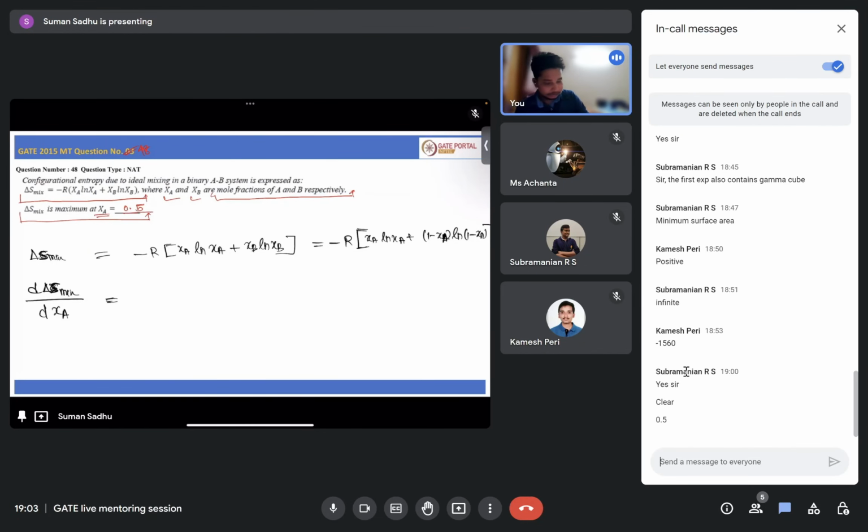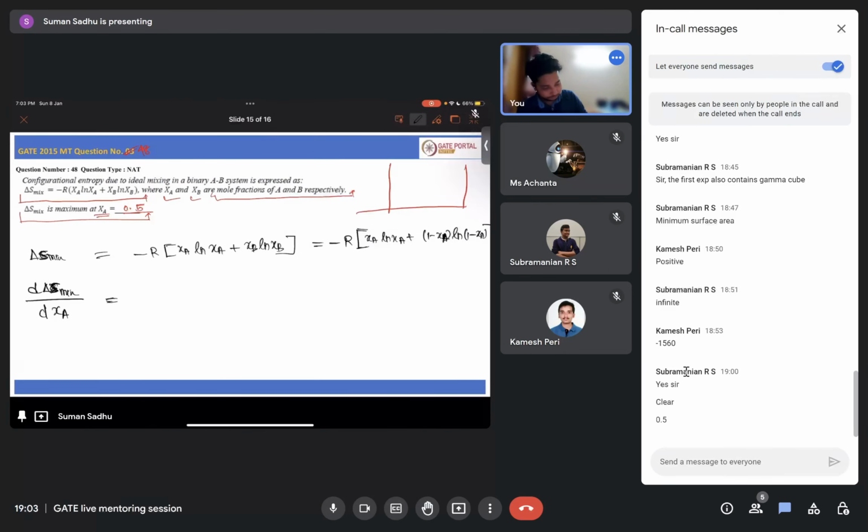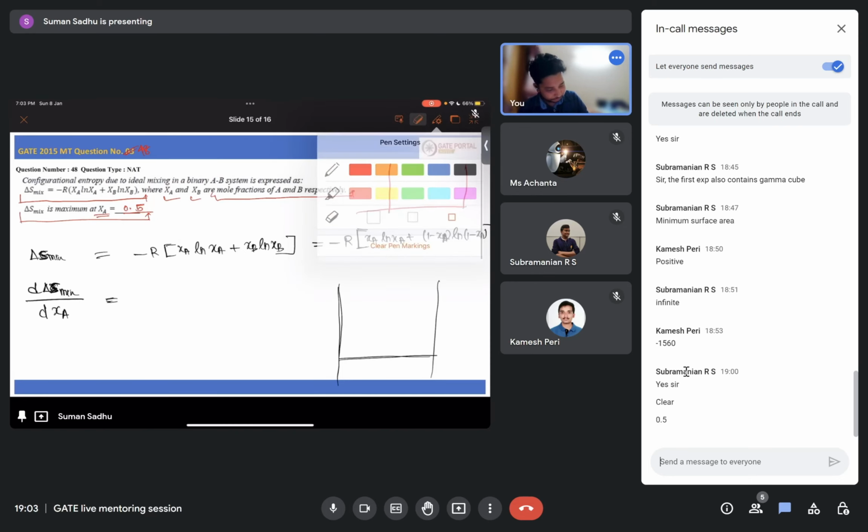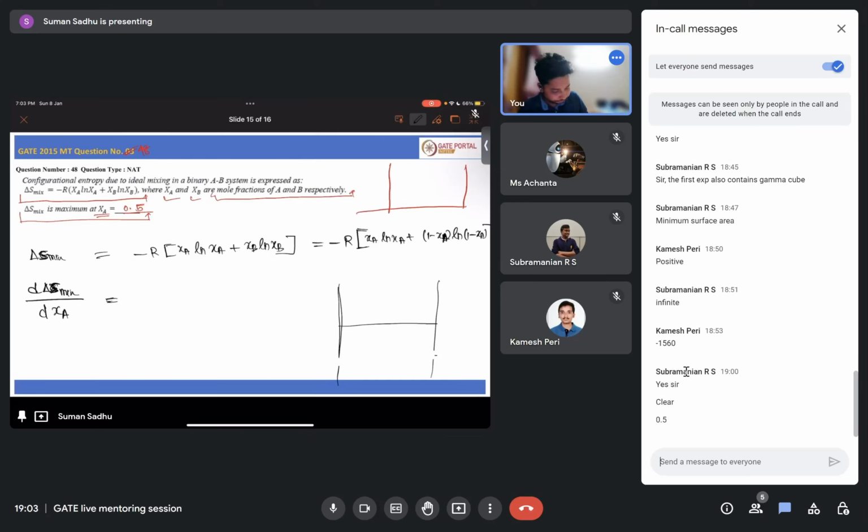Okay, and the graph if you plot, so let me plot here. XA is always less than 1, right?